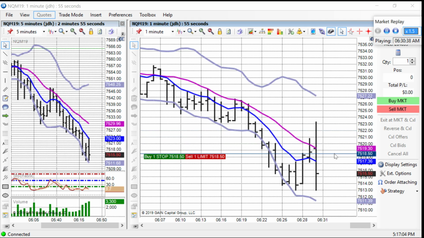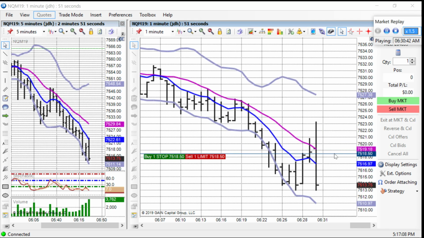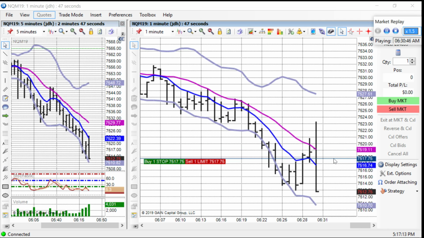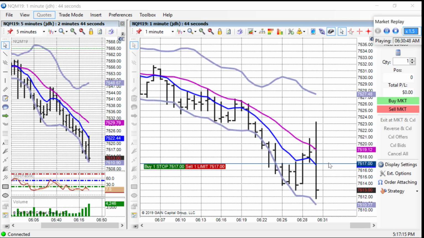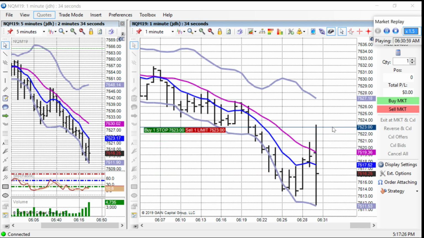So we'll just wait for these opening moves to start trying to establish a trend or a fractal. See, that could have been a good short trade right there, but you just never know on that first bar.